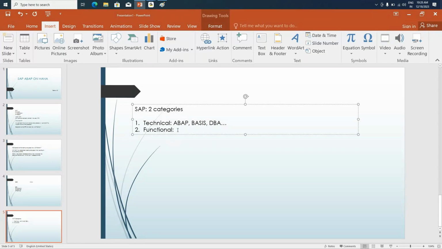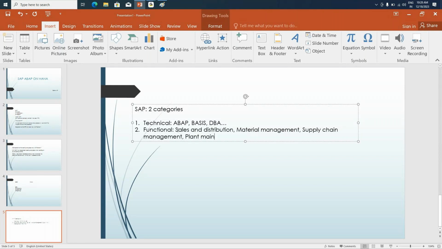And in functional, we'll have Sales and Distribution, Material Management, Supply Chain Management, Plant Maintenance, Finance or Accounting.